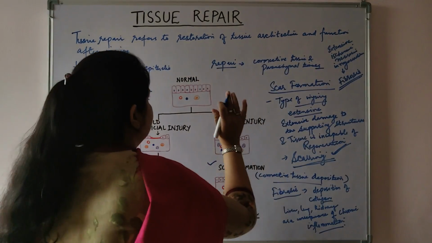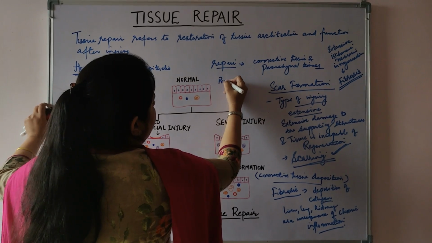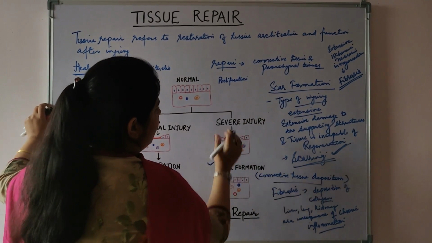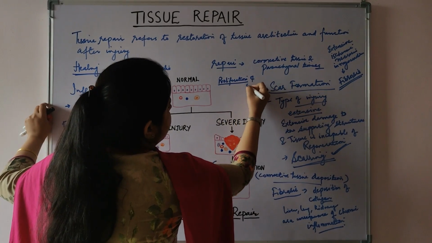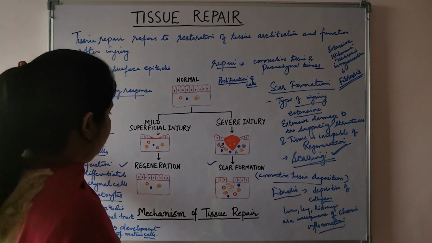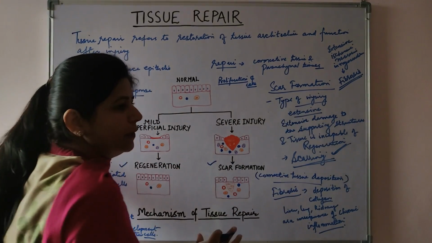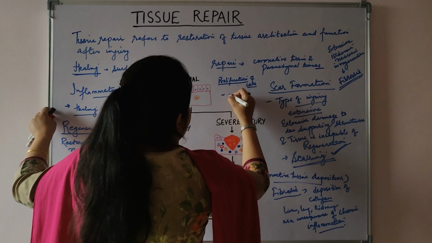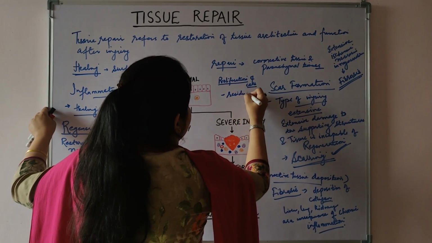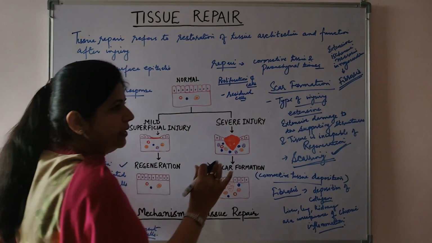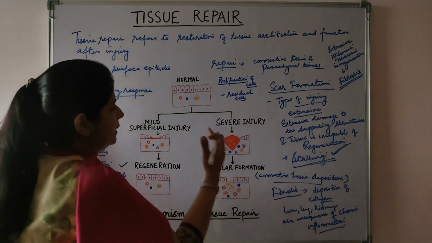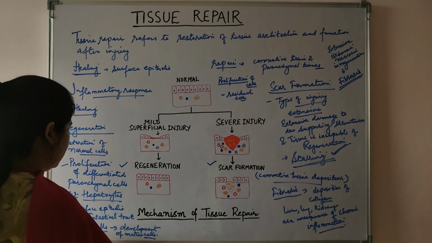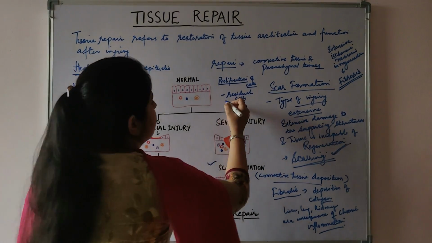In healing, both in regeneration as well as in scar formation, there is proliferation of cells. In regeneration there is proliferation of the parenchymal cells, the residual cells which escape the injury, or development of mature cells occurs through stem cells.